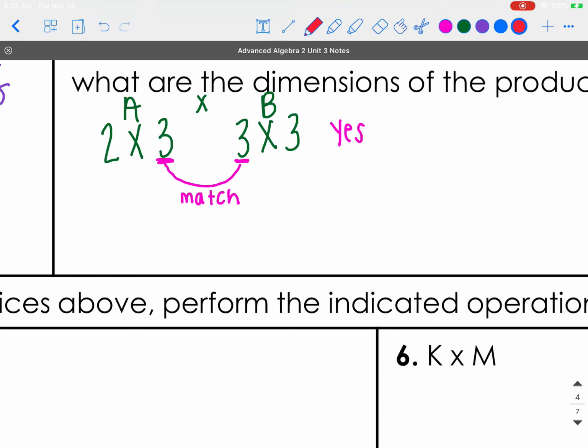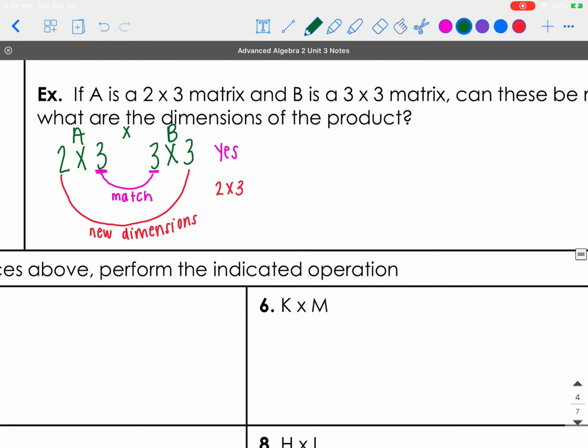If those inside numbers match, that means yes, you can multiply. But we also know other things. If you look at the outside numbers, that tells the new dimensions, the dimensions of the product or the answer. So if we multiply A and B, then our new answer is going to be a 2 by 3 matrix.